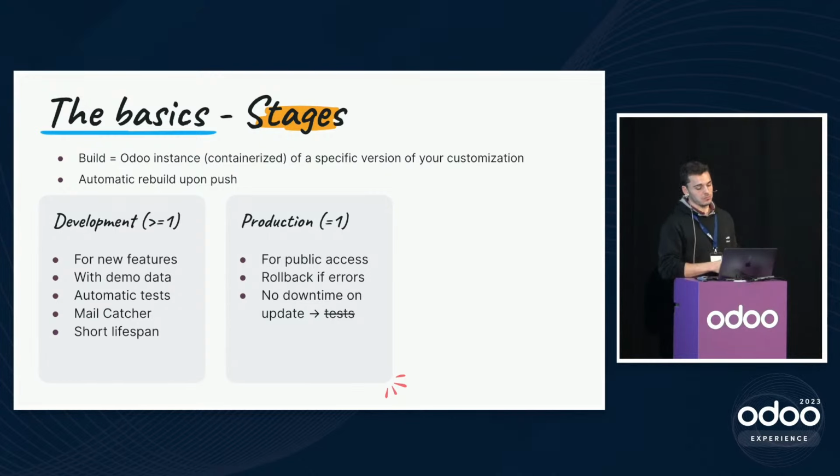If that is the case, it will not create a build that will be broken, so your database won't be corrupted or anything like that. It will just be a rollback to the latest working version, so that you are protected. And you can also see the logs, all the information of the failed build, so that you can inspect it and understand, okay, that's why it was not working.